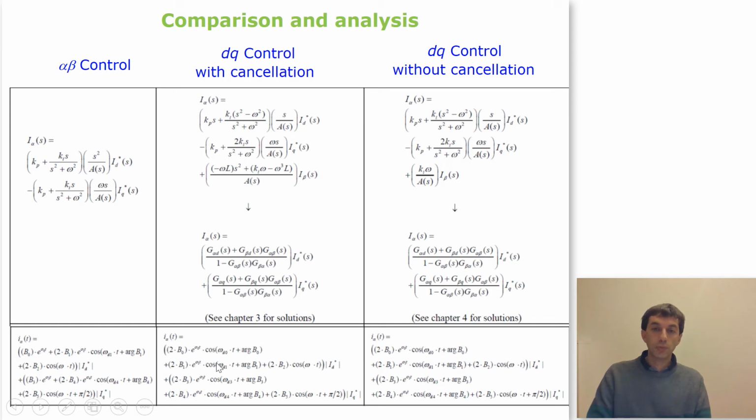However, in these two, we have these two terms, which are the transient response applied to the reference, and these two terms are the transient response or natural response, and these two terms are the steady state response.